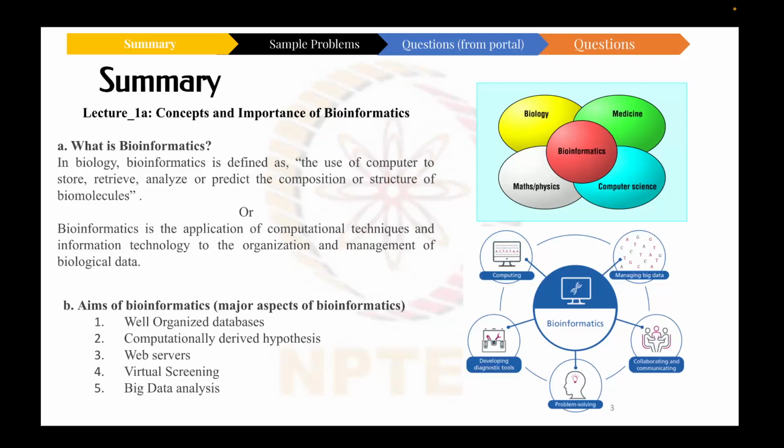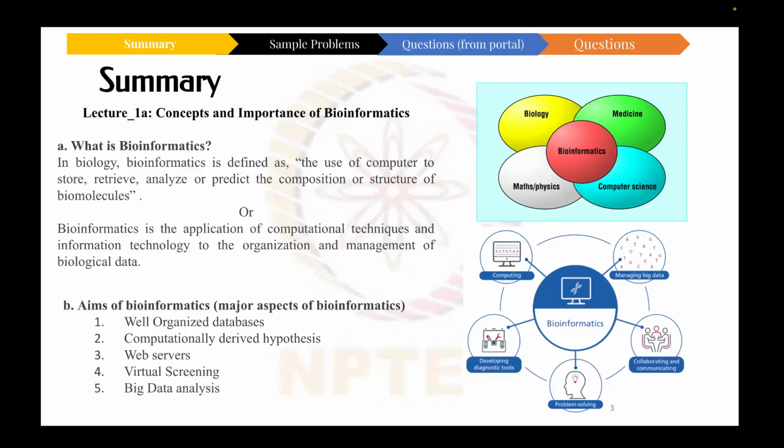Followed by that, we have web servers. Under this concept of web servers, these web servers provide a user-friendly environment or platform that enables researchers to access and utilize computational tools and resources remotely. These web servers are sometimes an alternative to experimental studies.